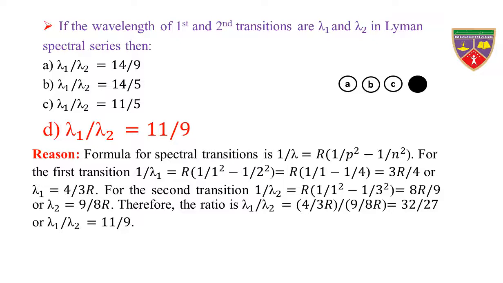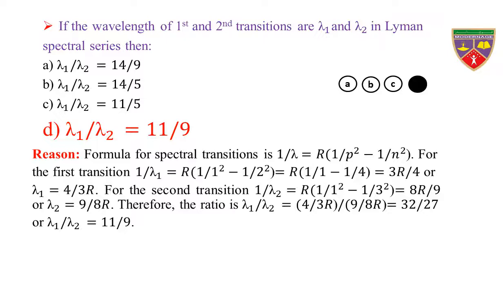For the second transition, 1 by lambda 2 is equal to R into 1 divided by 1 square minus 1 divided by 3 square, which is equal to 8R divided by 9. Simplification gives that lambda 2 is equal to 9 divided by 8R.